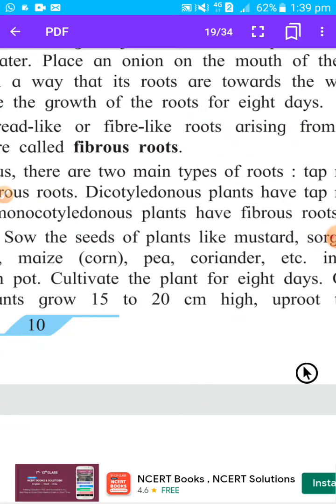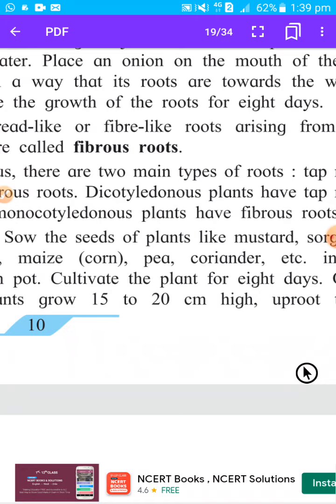Such type of seeds are called dicot. And monocot means we cannot divide it into two parts. Mono means always one and di means always two. In monocot seeds we cannot separate the seed into two parts. For example, jawar, bajra, wheat, rice, all these are monocot. We cannot divide them into two parts like groundnut and gram.